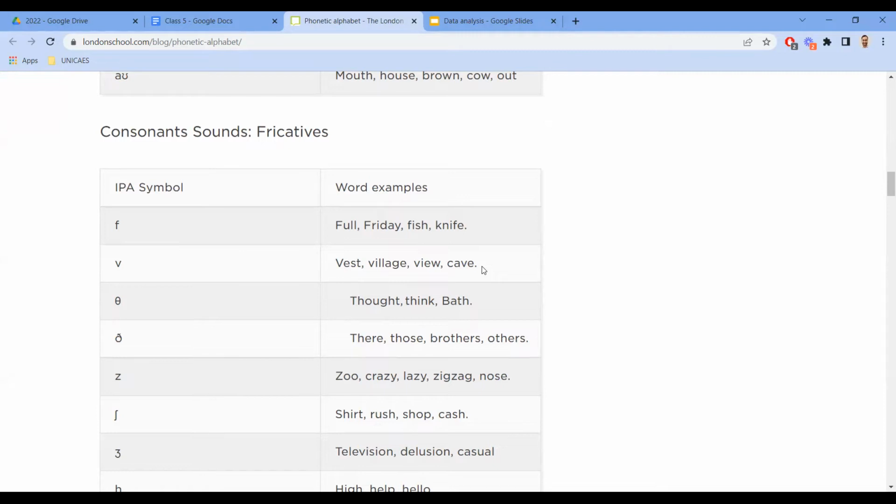And obviously this is not a phonetic class. It's not the purpose, but it's just a reminder. Improving your pronunciation is just paying attention. I mean, improving your communication skills also depends a lot on pronunciation, right?